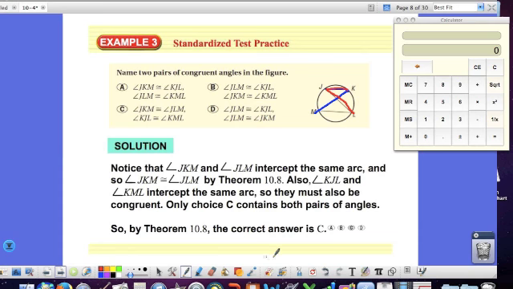So it's not those. Angle JLM intercepts that arc. And KJL, those are not the same.